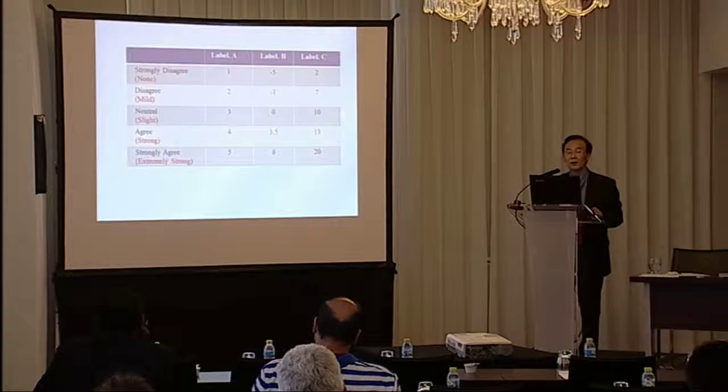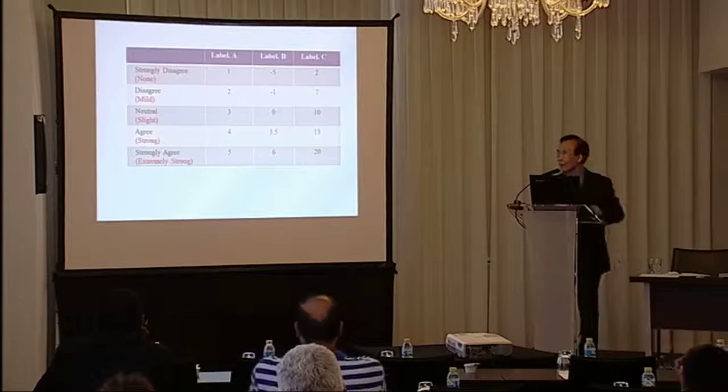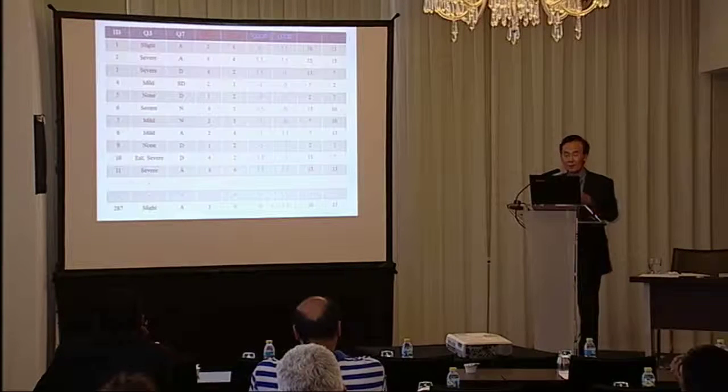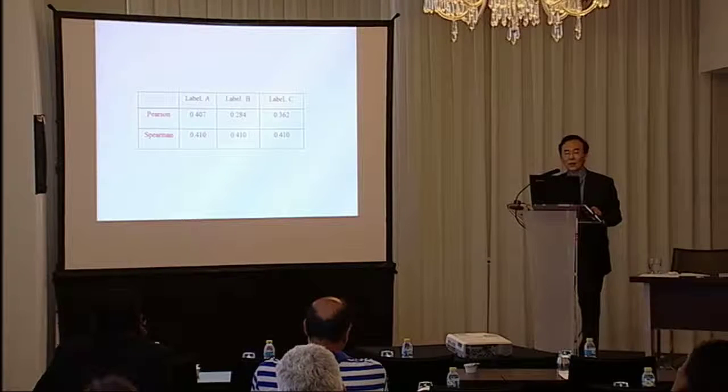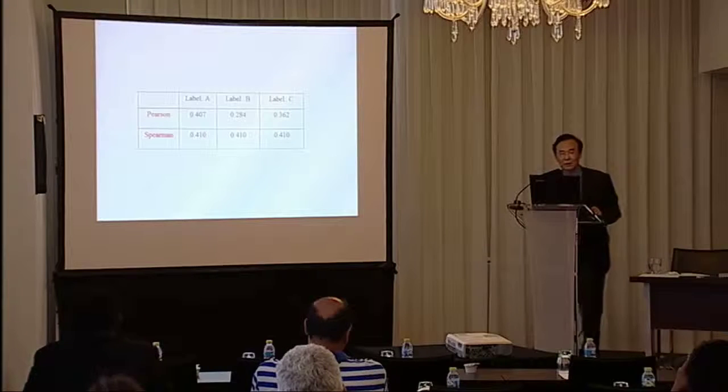And you have these three labeling systems, and based on this identical data, you estimate the Pearson's correlation coefficient. Under label A, you get a correlation of approximately 41%. On label B, you have 29%.